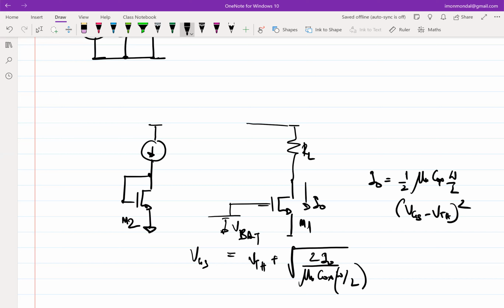So again, in this configuration, the GM of M1 is going to change if temperature changes, right? Do you agree? Then the fix was using a constant current source bias. If I am able to make a constant current source bias, then this VGS is supposed to change if threshold voltage changes, correct?